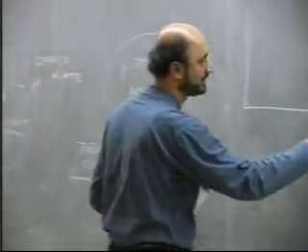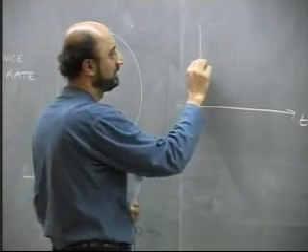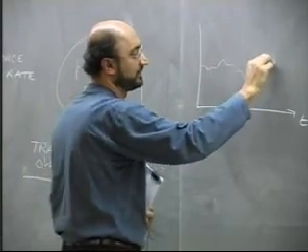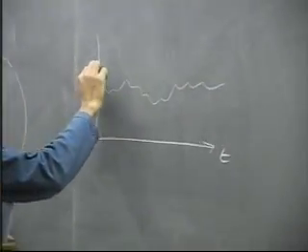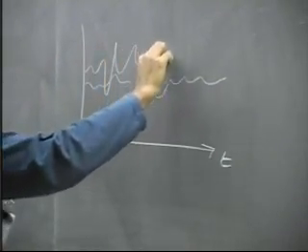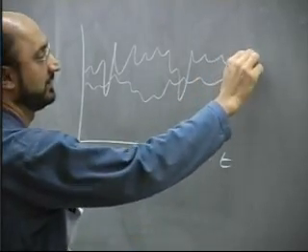If we were to draw a figure like this, with time on this axis, we can think of the service rate as being something like this. Ignore the y-axis for now.